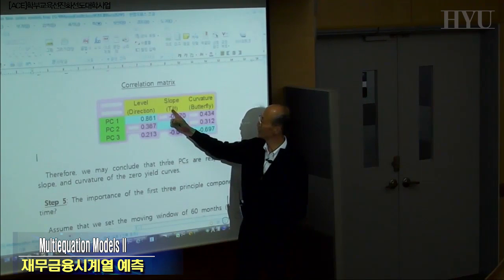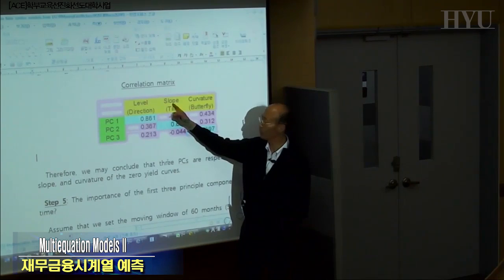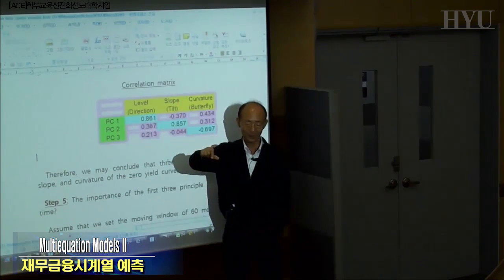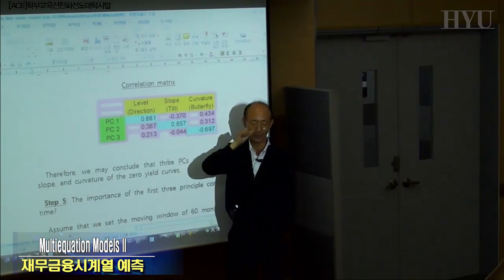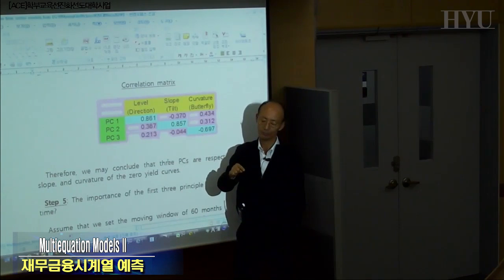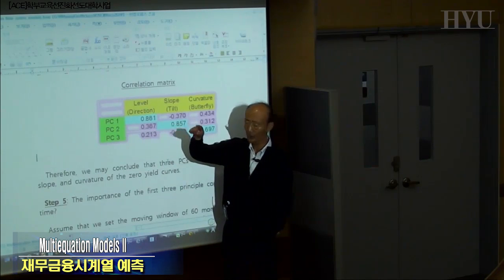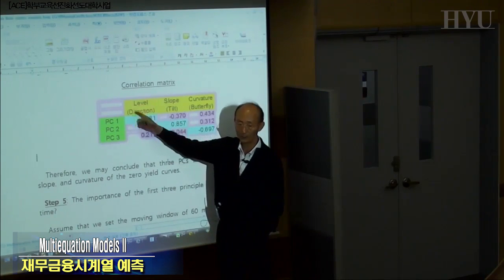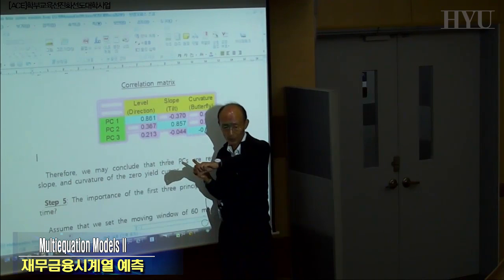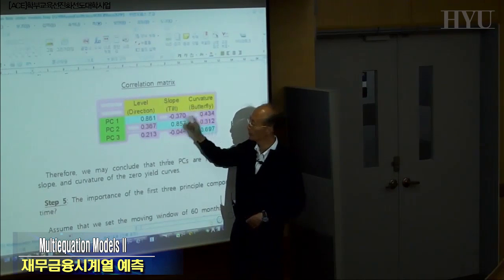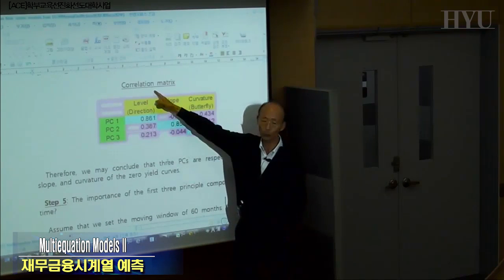And this is the change in slope, change in curvature, and I pick any series, let's say S24 or S36, 36 months, 3 years, and then take the change. So the change in a particular maturity spot rate, and change in slope, change in curvature, and calculate the correlation.